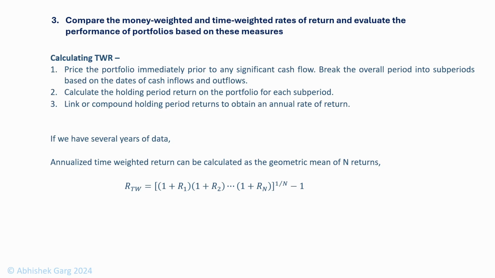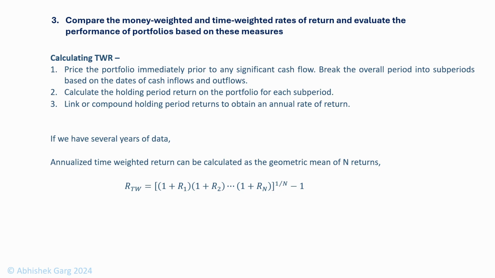Now, how to calculate the time weighted return? It's a 3-step process. First of all, price the portfolio immediately prior to any significant cash flow. Break the overall period into sub periods based on the dates of cash inflows and outflows. Then calculate the holding period return on the portfolio for each sub period. Then link or compound holding period returns to obtain an annual rate of return.